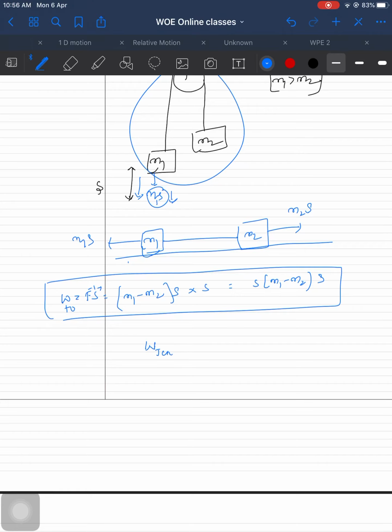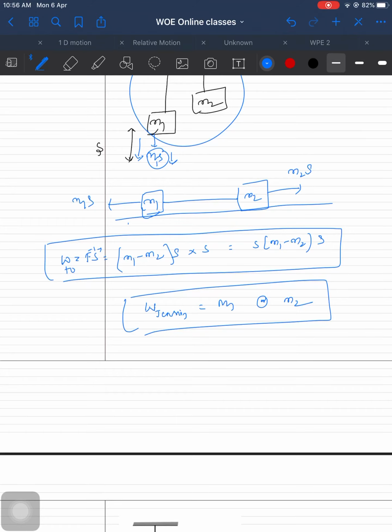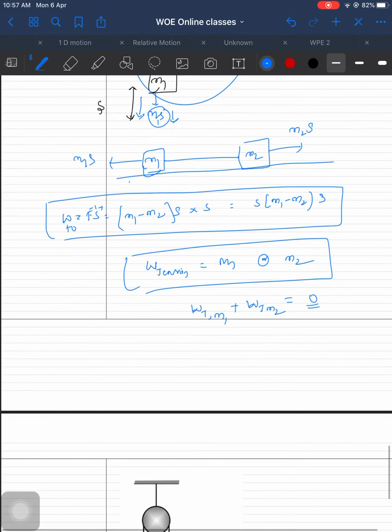Now find the work done by tension on m1 and on m2, and add these two: work done by tension on m1 plus work done by tension on m2. If you do it properly, you should get the answer 0.